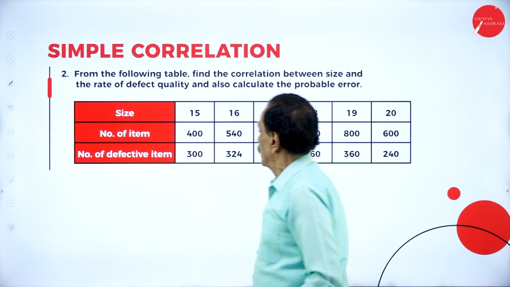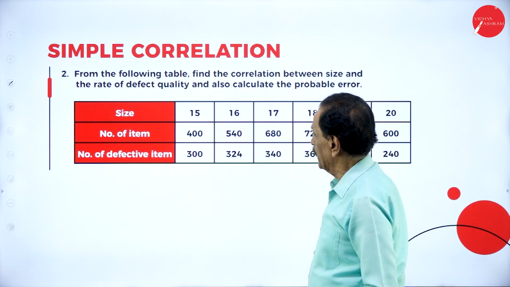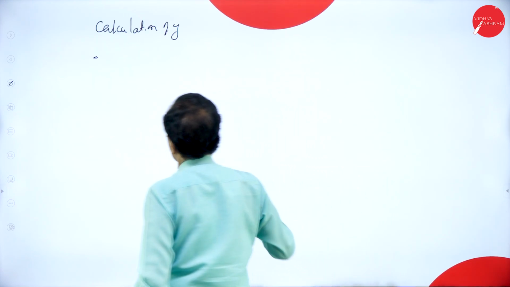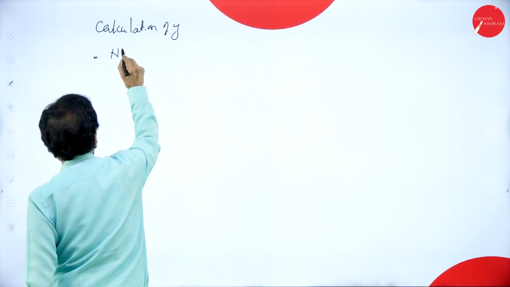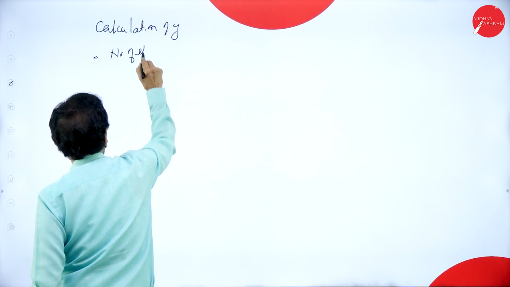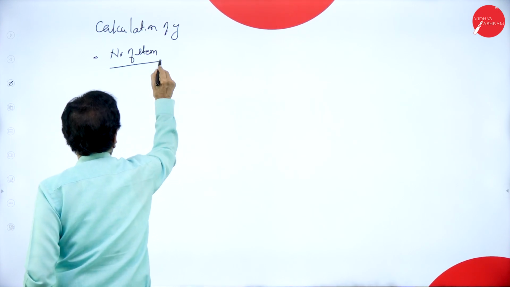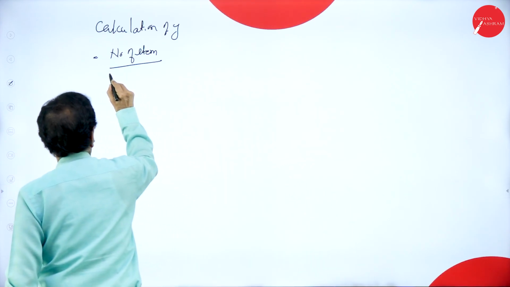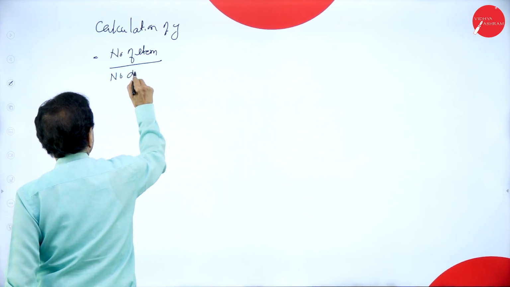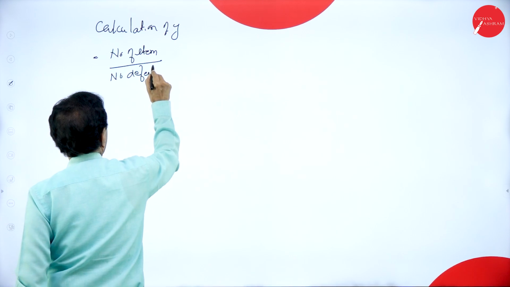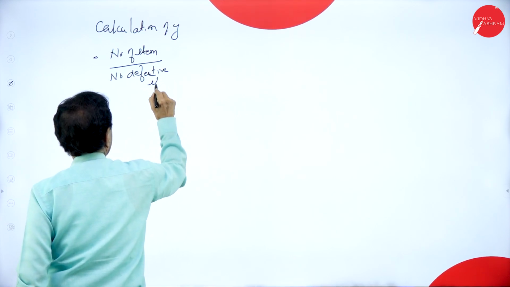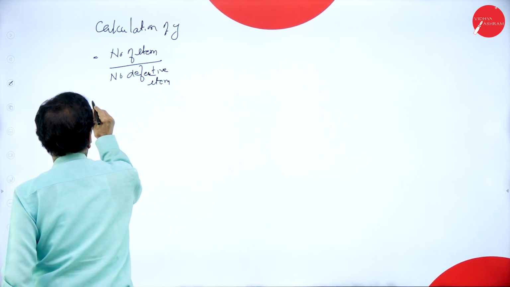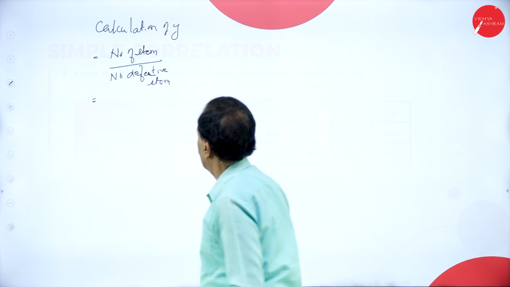Calculation of y. We'll go with number of items and defective items: defective item divided by number of items into 100. What is the first one?